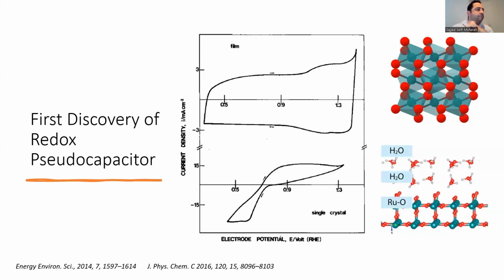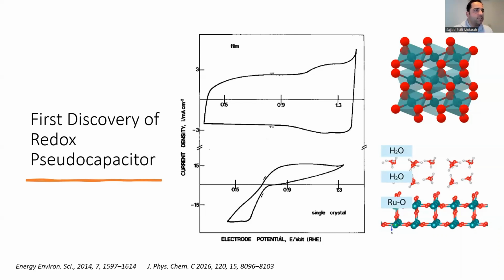One of them is that the redox behavior of ruthenium 4+ gives the Faraday energy density. The second one is the high metallic conductivity of ruthenium oxide, which allows rapid electron transfer during the charge and discharge process.